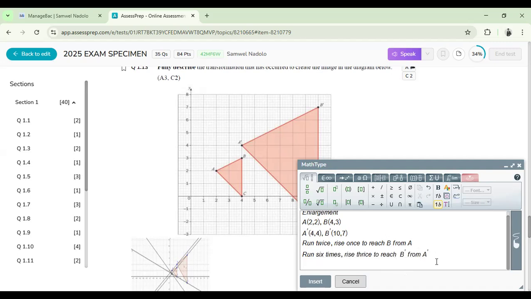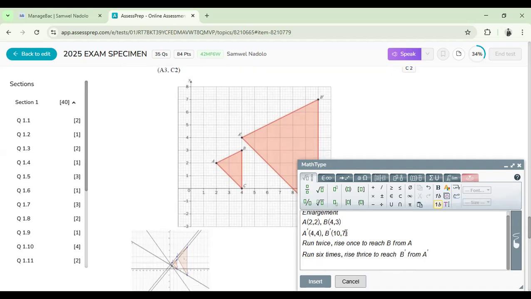Okay. So calculating a scale factor needs you to have such. There are so many ways of doing that, but you can clearly see how you can get that using this. Now you are running twice and now you are running 6 times. So you ask yourself, how many times are the two apart from each other?